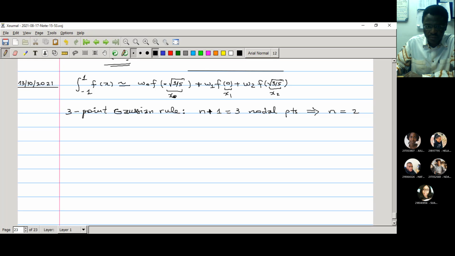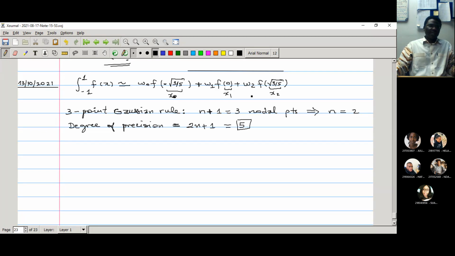Now, the degree of precision of this rule is 2n plus 1. So this is 5. So the degree of precision is 5, meaning that this rule is actually exact for polynomials of degree less than or equal to 5.